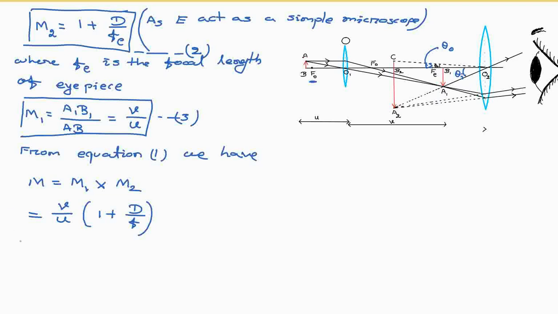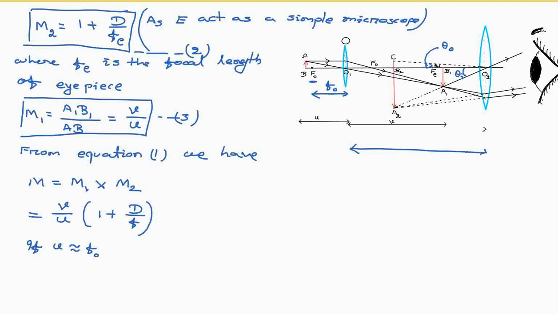That means if U, that object distance, is nearly equal to the focal length of objective, because this length is the FO, focal length of objective, then this V will be nearly equal to the length of the tube.